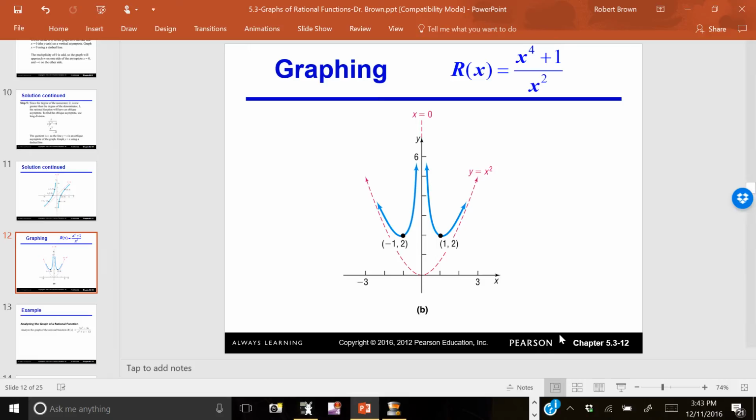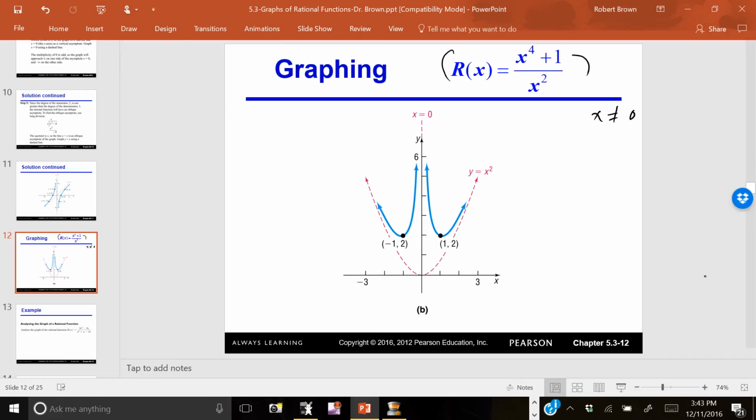Okay, let's do another one. R of x is equal to x to the 4th plus 1 divided by x squared. Let's look at this. First of all, there are no x-intercepts. In fact, no y-intercept, because x cannot equal 0.